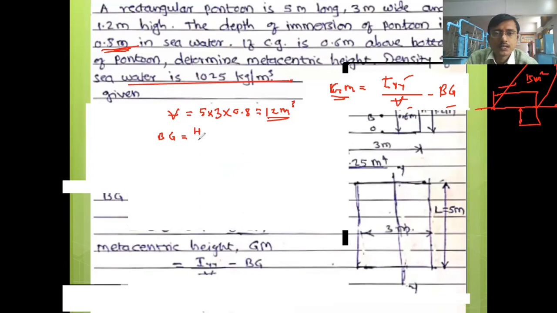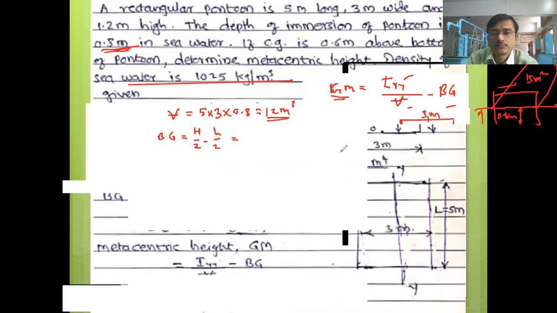Capital H by 2 minus small h by 2. Then now tell me, who will tell what is this capital H and what is small h? Yes. What is capital H? Capital H is height of the object and small h is the depth of the object immersed in the liquid.